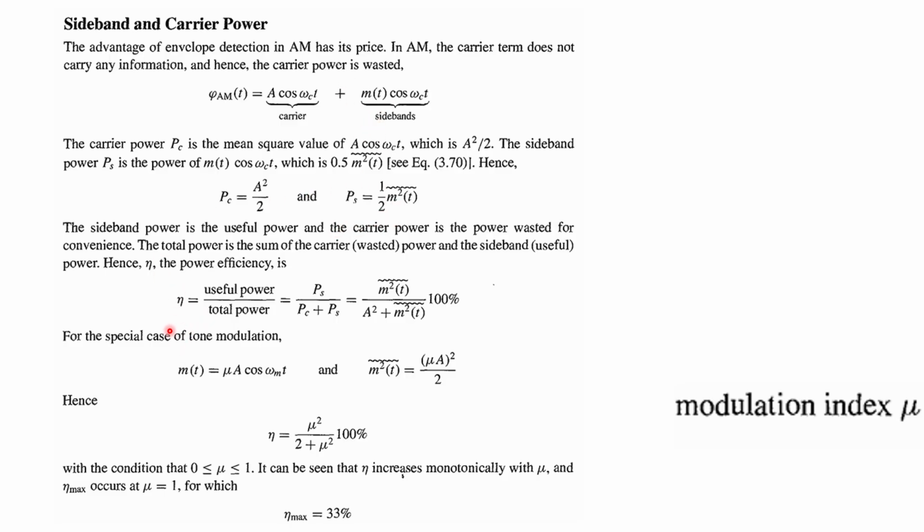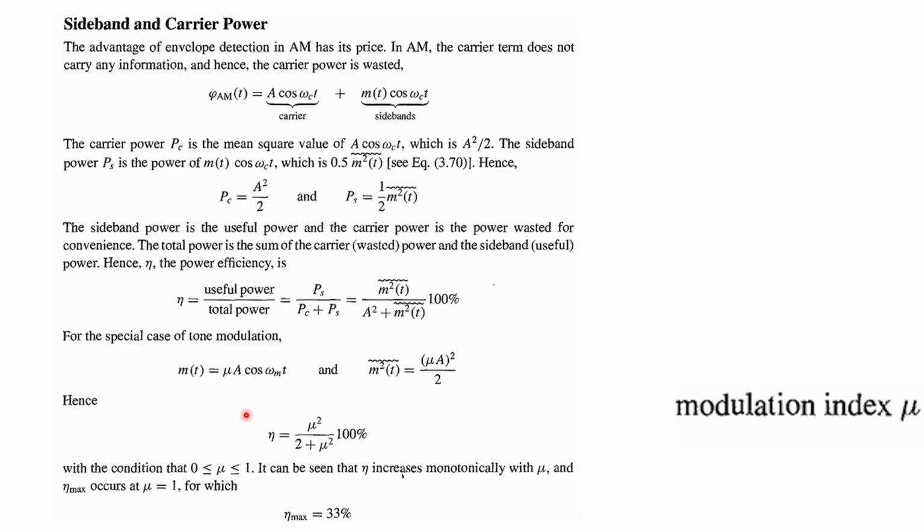So you can find out the eta, that is useful power divided by the total power. Why useful power? Because this part only contains the information, and this will not have any information, because this is only the carrier wave. Okay, so useful, that is Ps divided by Ps plus Pc, right? So here m square(t) divided by A square plus m square(t), and m is your modulation index, which can also be written as mu A cos omega t.